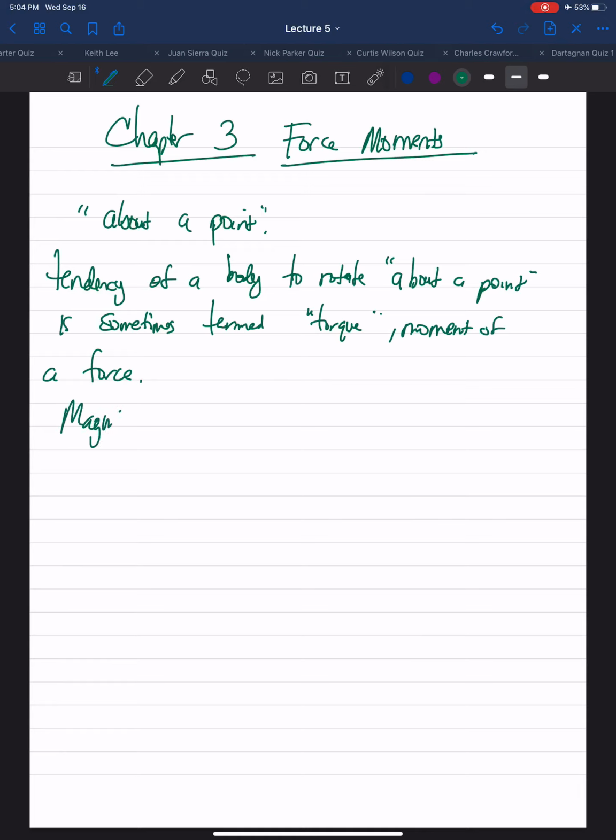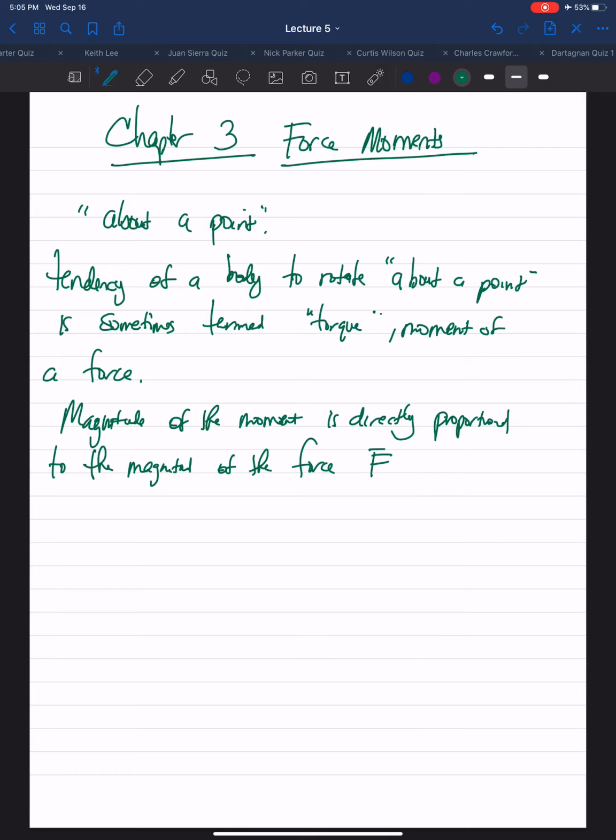So the magnitude of the moment is directly proportional to the magnitude of the applied force, F, and the perpendicular distance, which we will determine as the moment arm, D. So the greater, I'll write it better.